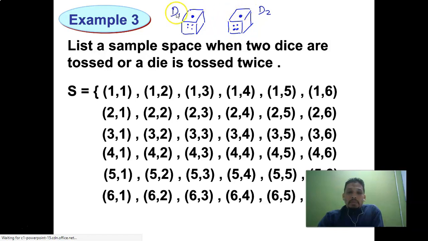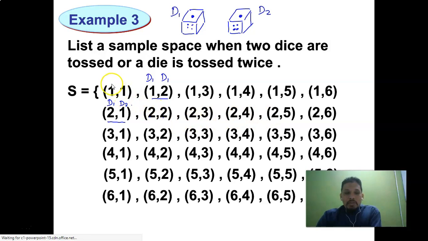If I toss them at one time, or we toss them one by one, you will get 2 results: 1 and 2, and 2 and 1. We consider these as 2 different results, because this is for D1 and this is for D2, and also this is for D1 and D2. For 2 and 2, there's only one result. There's no other result for 2 and 2.